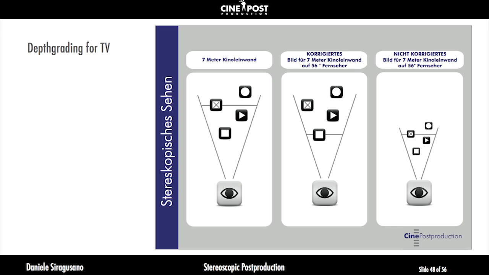In this example, now this square is on the ScreenPlane and everything else is behind the ScreenPlane, but the size of the scene stays the same as in the cinema. So this is a pretty simple example of what we're doing in TV depth grading.